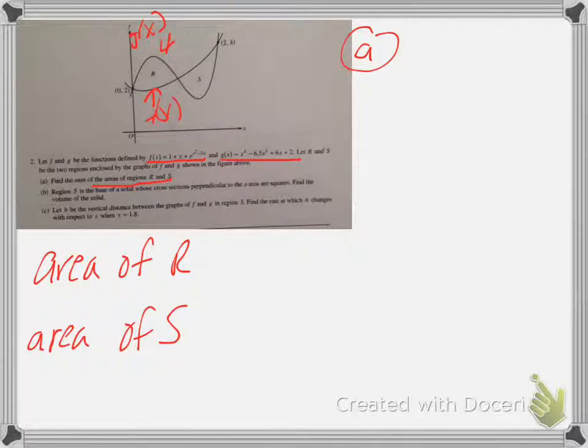So actually I think what I'm going to do is use 2 different colors. I'll make like a little key for you. So g of x is the orange, and f of x will be the yellow. Alright, now let me get a regular color.